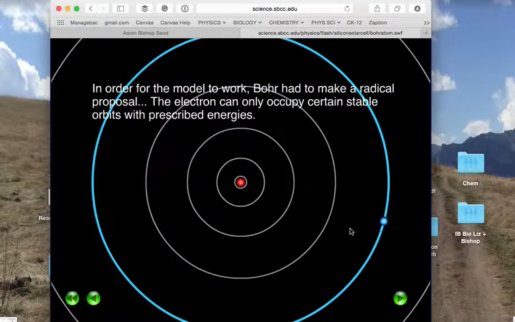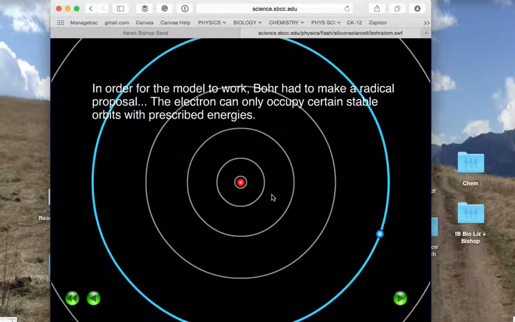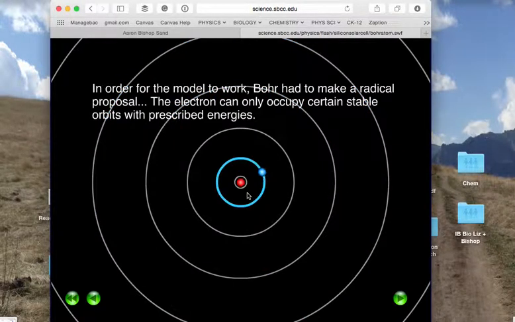Now, the important thing about this Bohr model of the atom is that if an electron absorbs energy, it teleports up to the next energy level. And if it loses energy, meaning it gives off energy, then it goes down to an energy level below it.